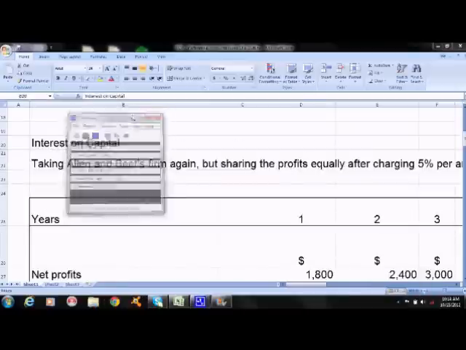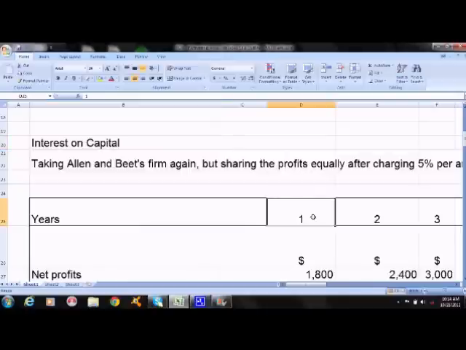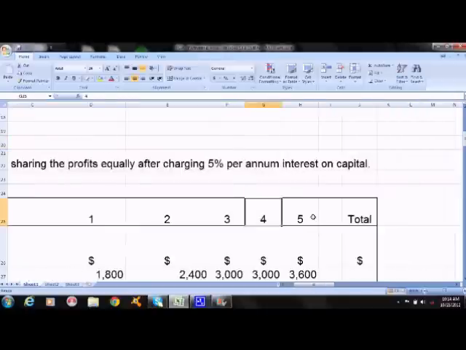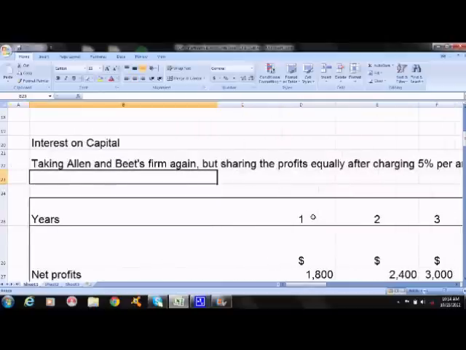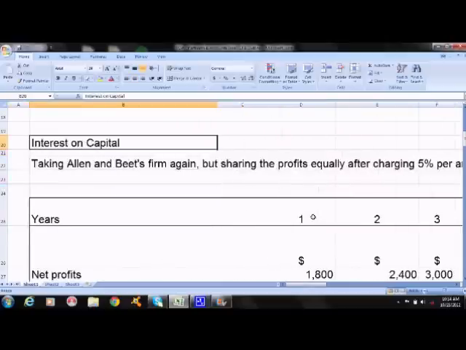Alright friends, what is happening here is that we are looking at this account over a 5-year period. So it's year 1, year 2, year 3, year 4, year 5, and the total. Remember we talked about interest on capital. What is interest on capital again? It is an amount which is credited to the partner's account.